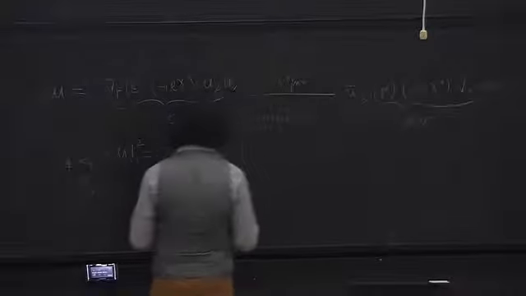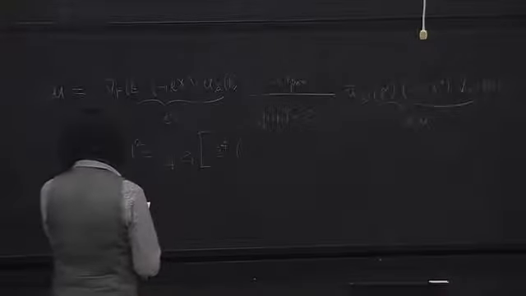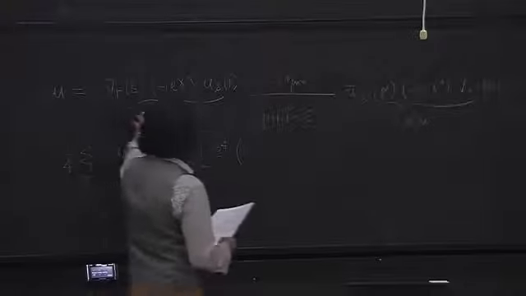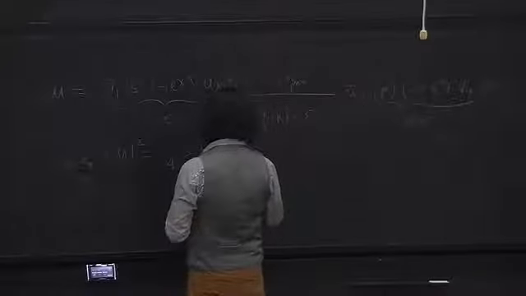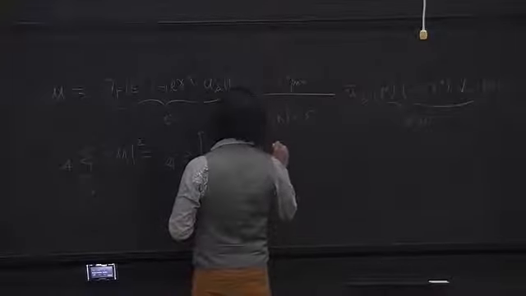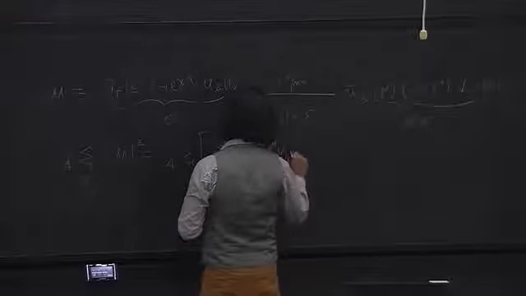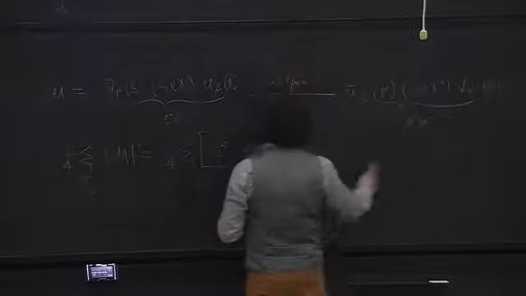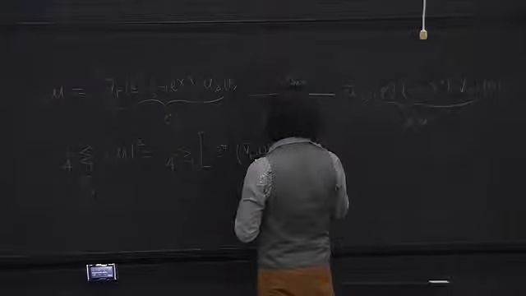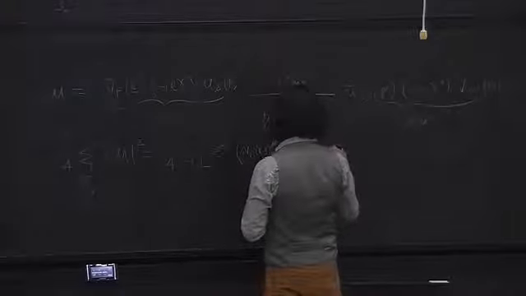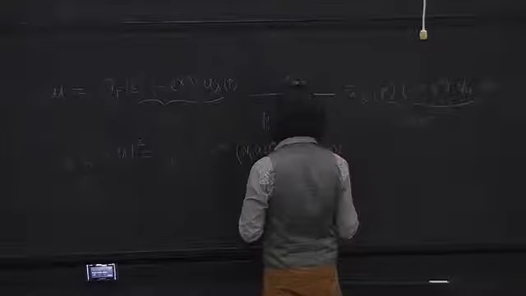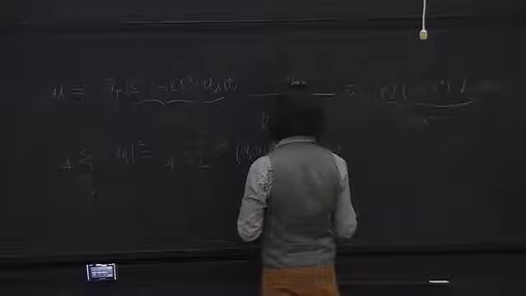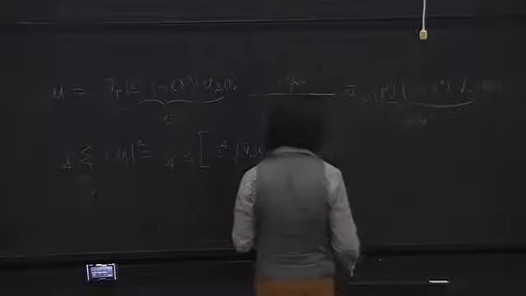And then the square of these is going to be v bar_s(k) gamma^mu u_s(p), and this is u bar_s'(p') ... I think I made a mistake. No, I didn't. Okay.